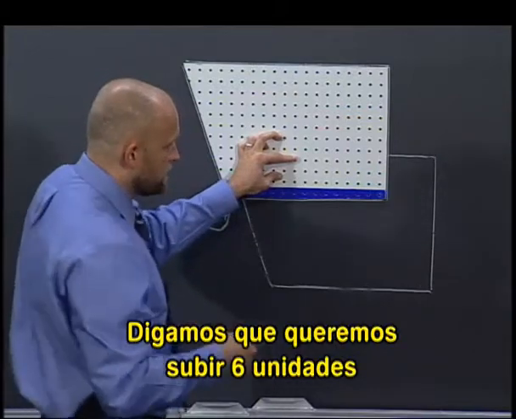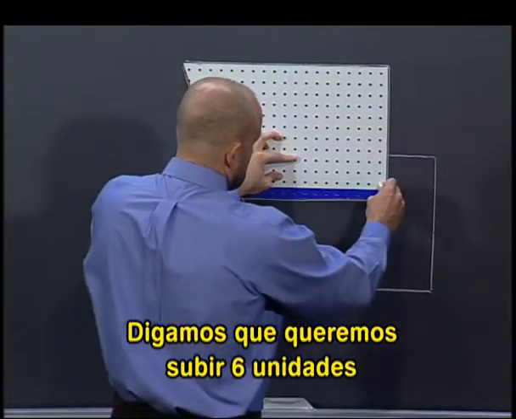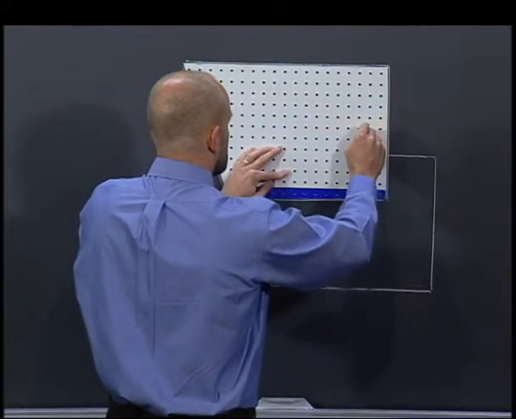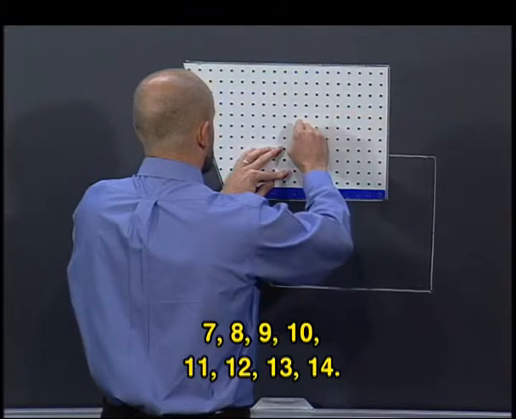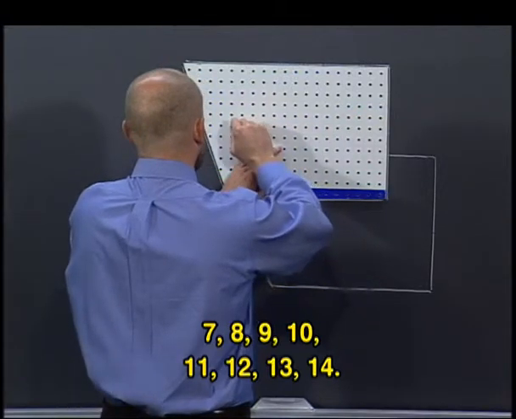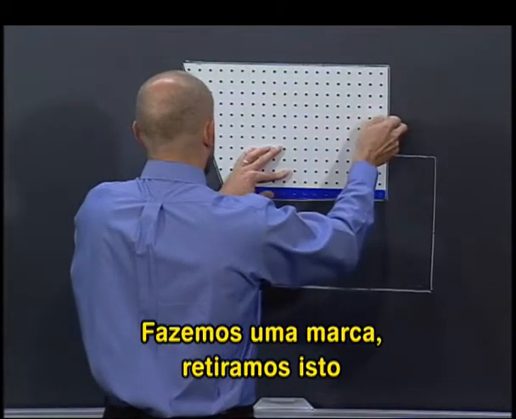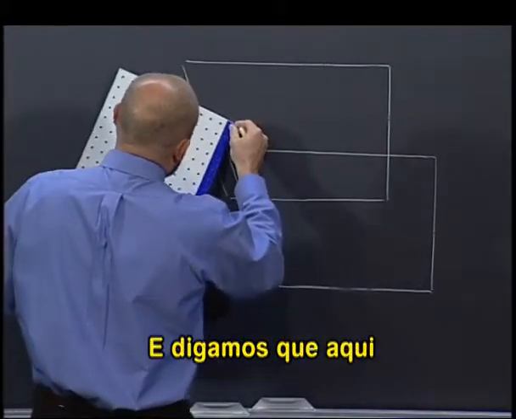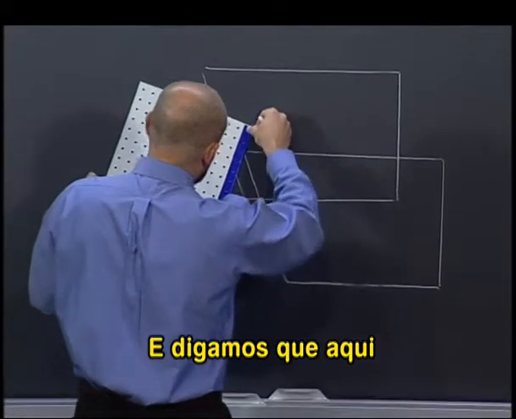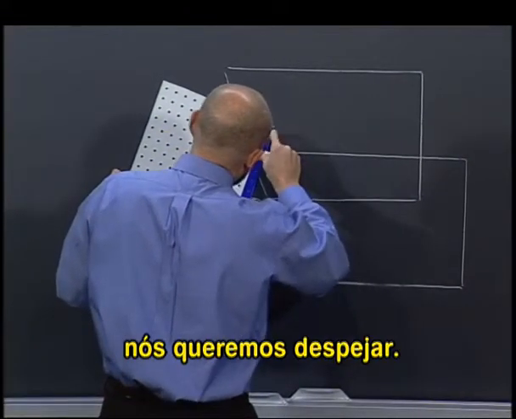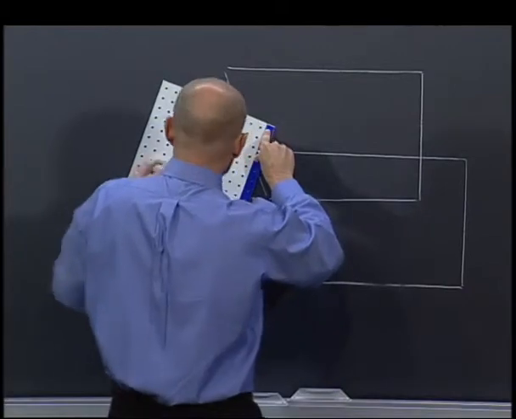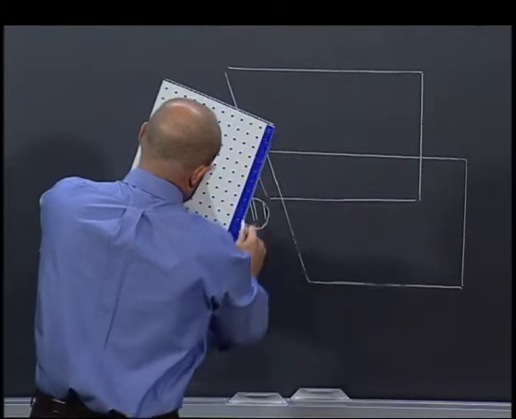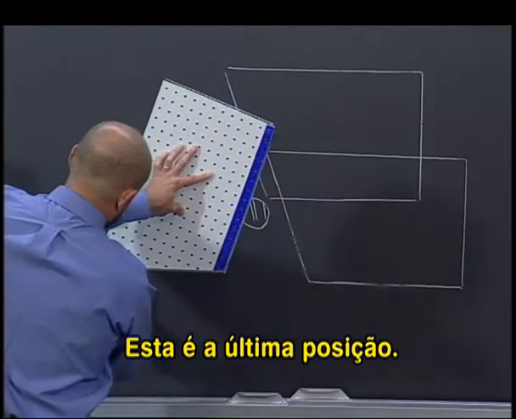So let's say we want it to go up 6 units, and over 14 units: 6, 7, 8, 9, 10, 11, 12, 13, 14. Make a mark, lift this up, move it over to that mark, and also let's say that what we want it to do at that point is to dump out. So that's our last position.